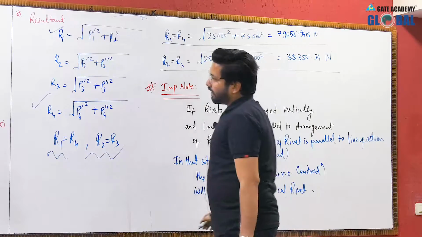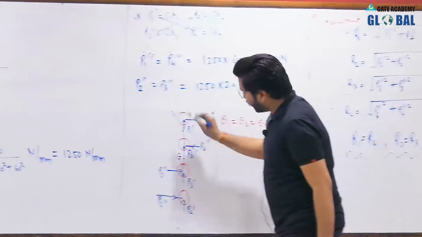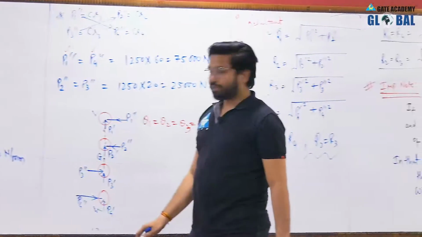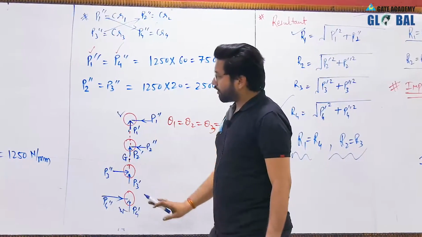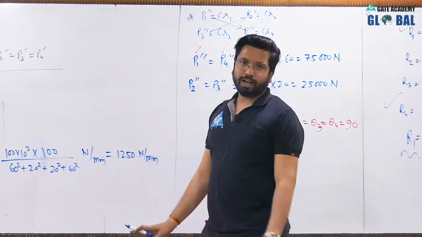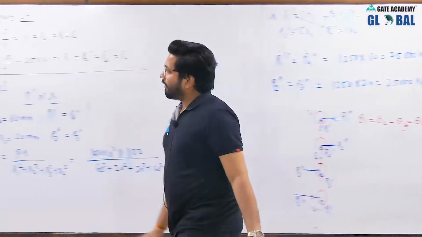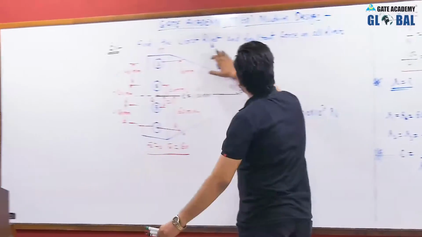So which is the outermost rivet? Rivet number 1 and rivet number 4 are the outermost rivets. So rivet number 1 and 4 are the most critical rivets as well. So this is the critical rivet. Now what we have to calculate? The worst rivet and the resultant force.